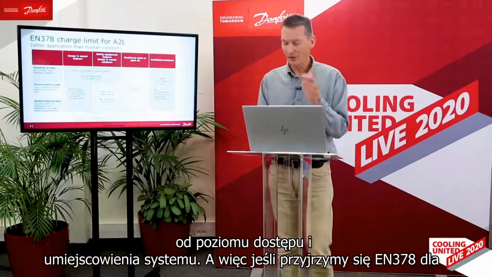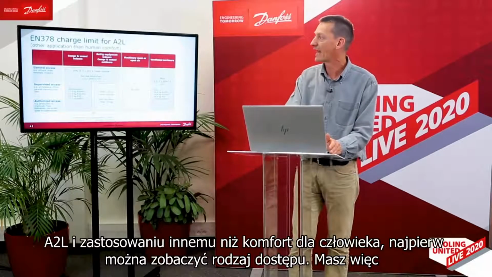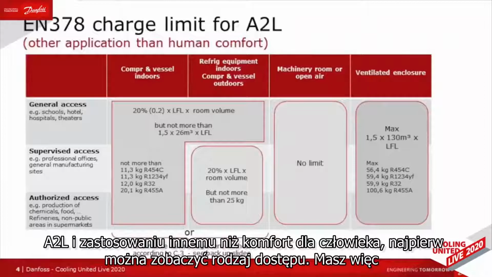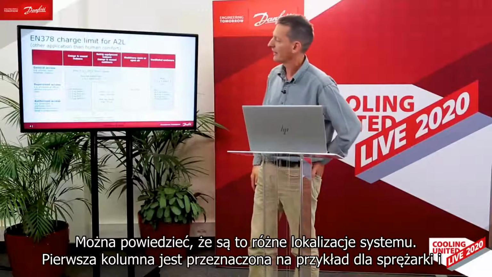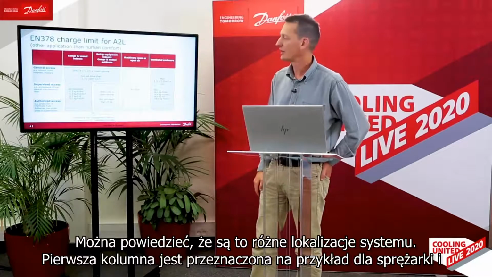So if we look at the EN378 for A2L and applications other than human comfort, you can see first the type of access: general access, supervised access, authorized access. And on the vertical axis, I would say, the different system locations.